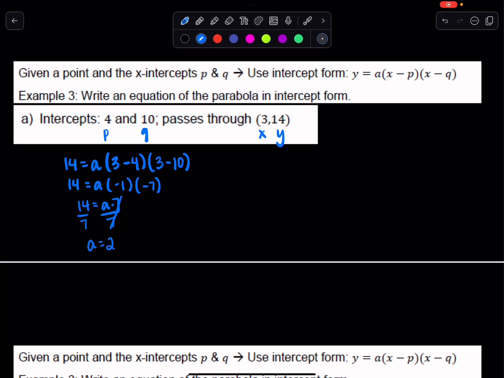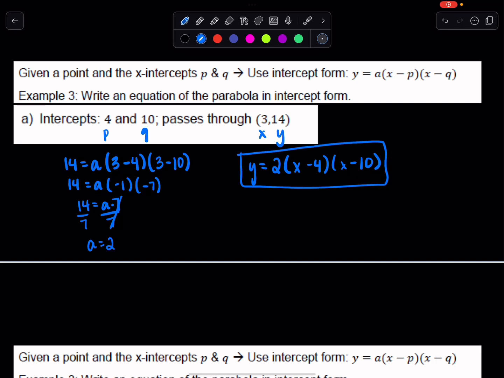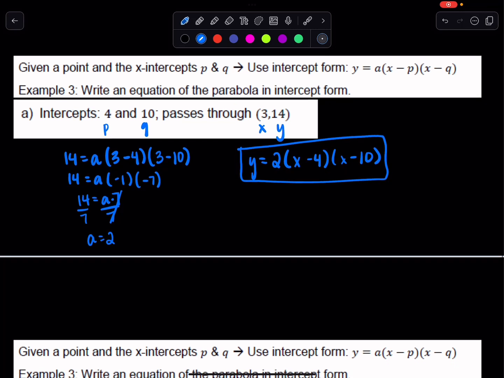So when we rewrite our equation, we leave x and y. So y equals a is 2, (x minus p is 4), (x minus q is 10). Okay, pause the video and try the next example on your own.